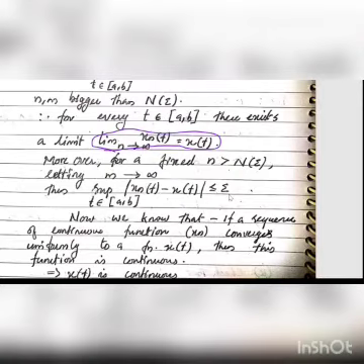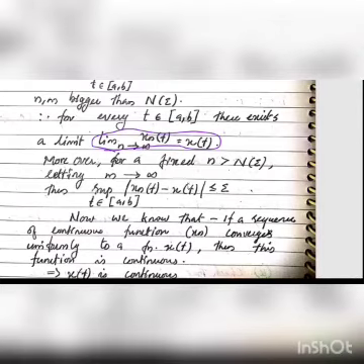Now, we know that if a sequence of continuous functions x_n converges uniformly to a function x(t), then this function is continuous. This is nothing but uniform convergence. So in this case, we can conclude that x(t) is continuous. Each x_n(t) we have taken from C[a,b] is continuous, and we have shown that x_n(t) converges to x(t) uniformly.